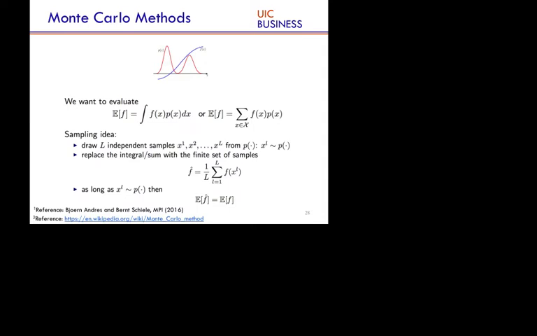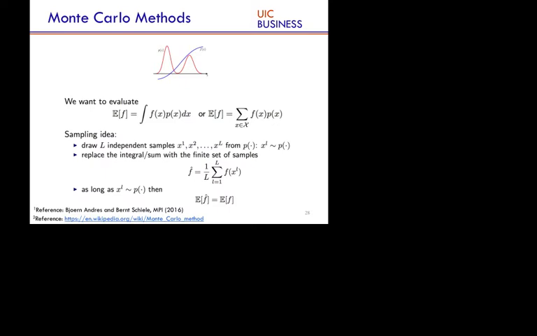Okay, so instead of doing a sum of 2 to the power 100 such terms, what they suggest is, you just collect some L samples. If you could draw samples from this distribution P of x, let's say L is 100,000 or something like that, which is much less than 2 to the power 100. Then we just take the summation, evaluate the function at those 100,000 samples, and call it f hat, and call this the evaluation of the expectation of f.